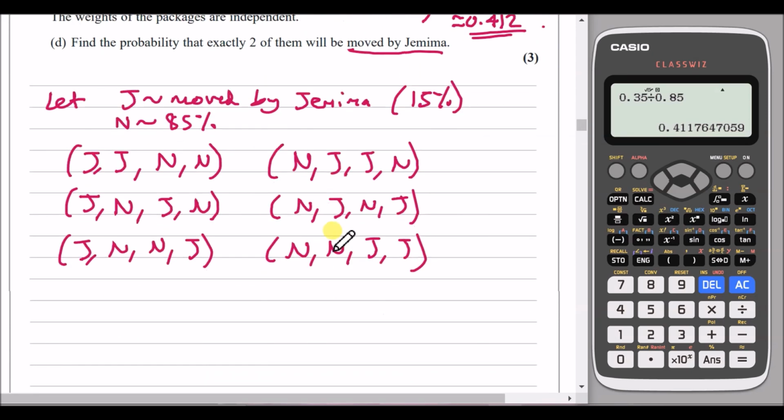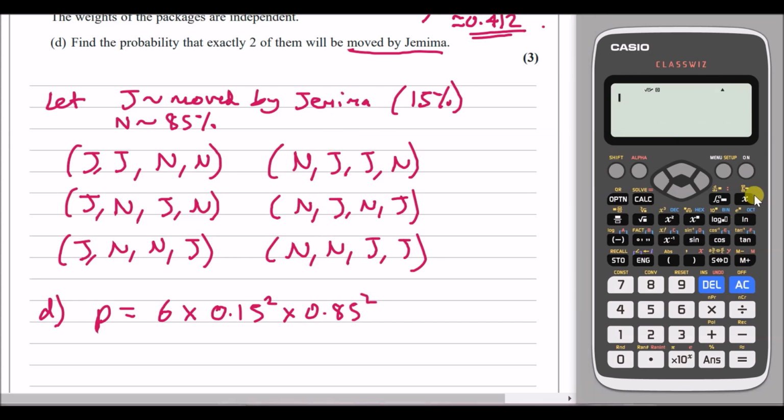So we know straight away that the probability is going to be 6 different ways times the probability that she moves exactly 2 of them. There's always 2 moved and always 2 not moved. The probability of one of them is 0.15, so it'll be 0.15 times 0.15 times 0.85 times 0.85. So just write nicely 0.15 squared times 0.85 squared, and then you should get your answer.